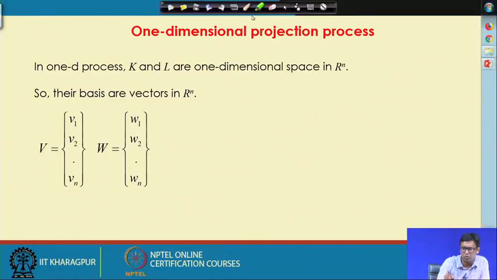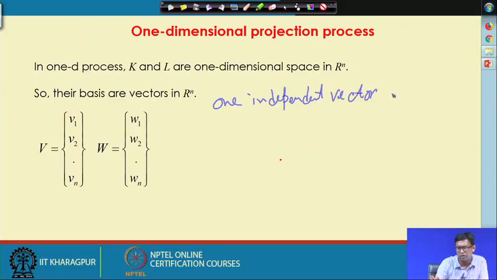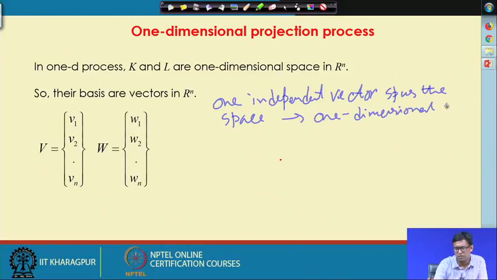That is one independent vector that spans the space, and then it is called a one dimensional space. However, they can be in the multidimensional real coordinate space R n. So, they have multiple components, but the basis of these spaces is a single vector.